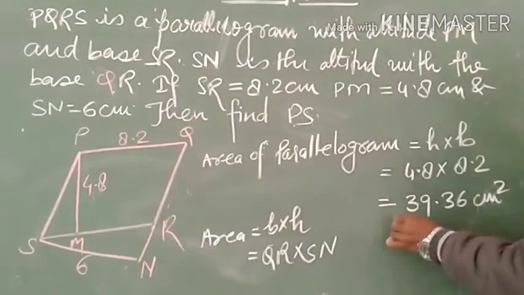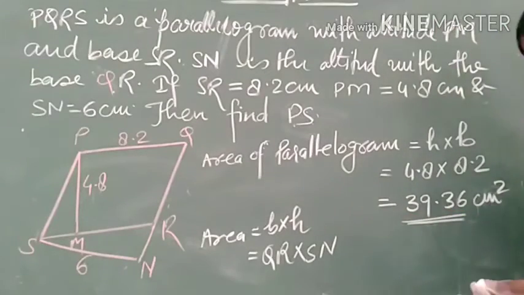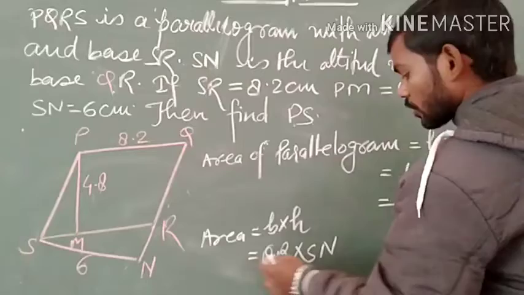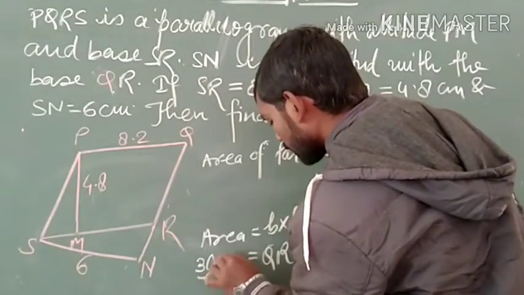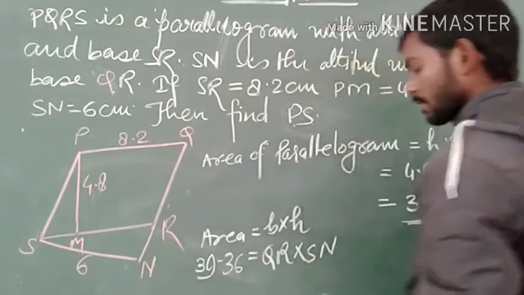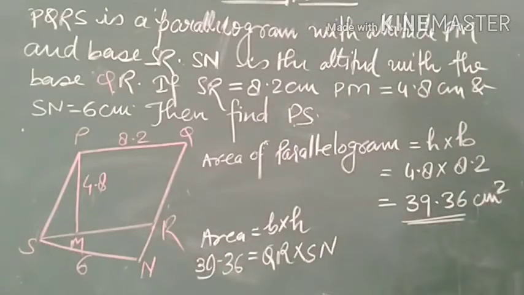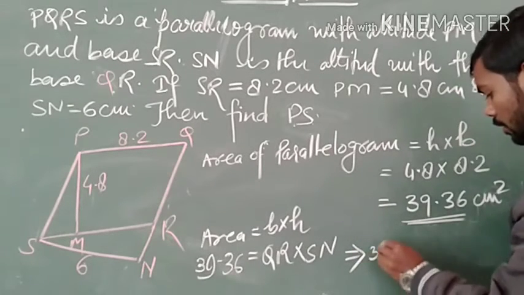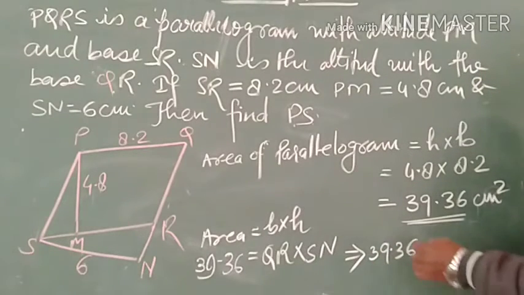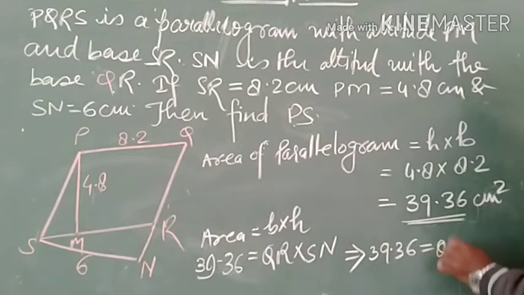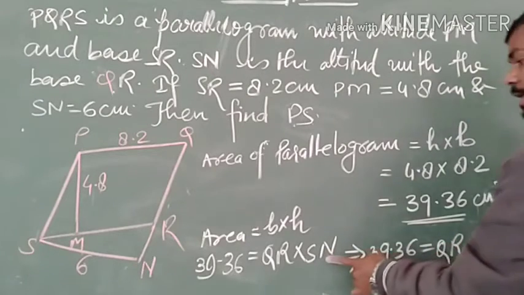And here we already found the area as 39.36 centimeter square. So 39.36 is equal to QR multiplied by SN.